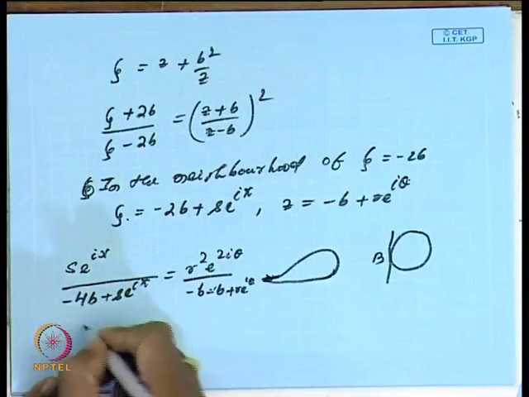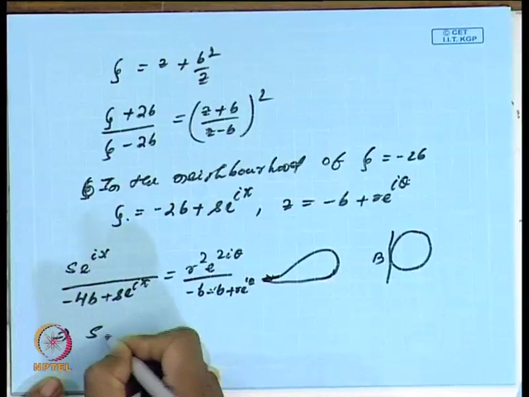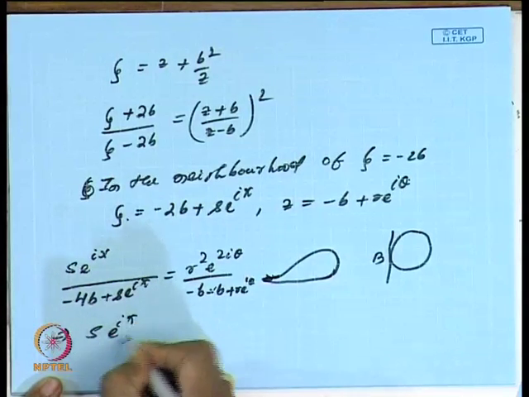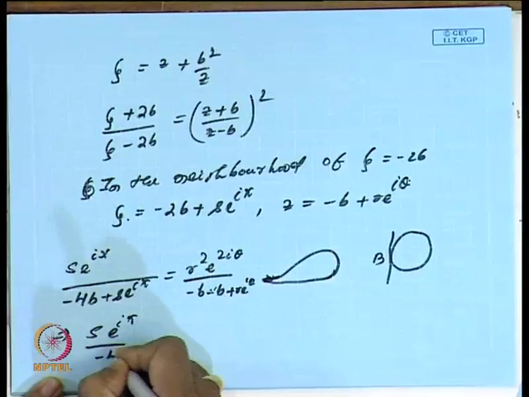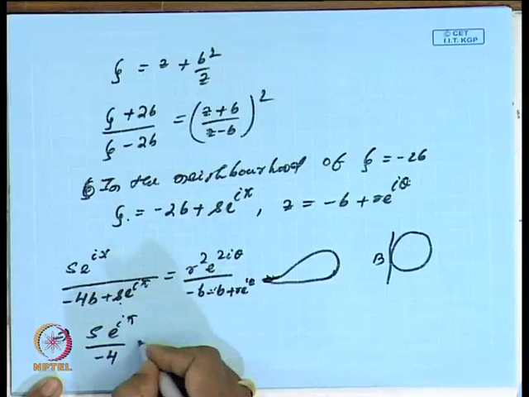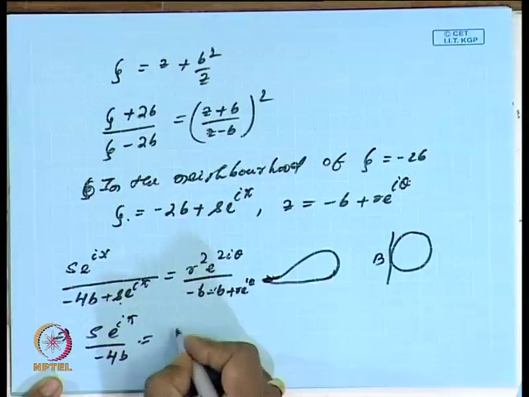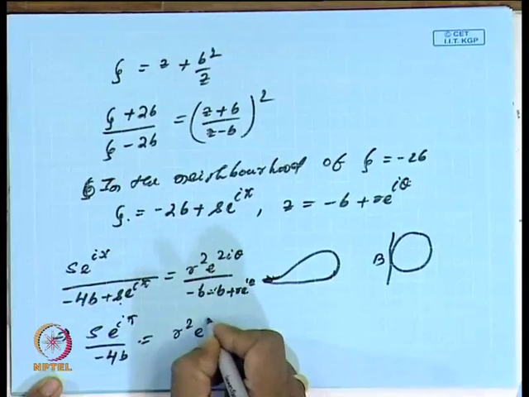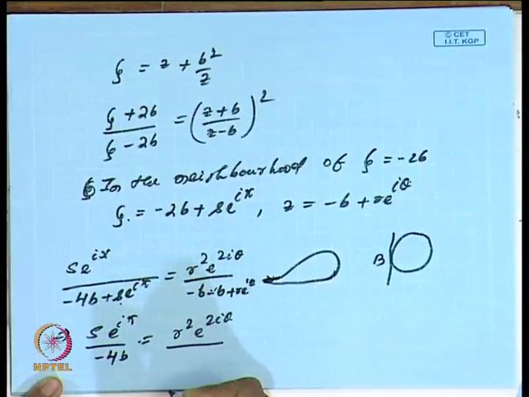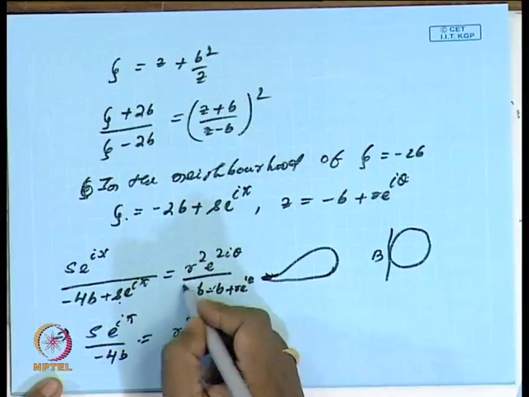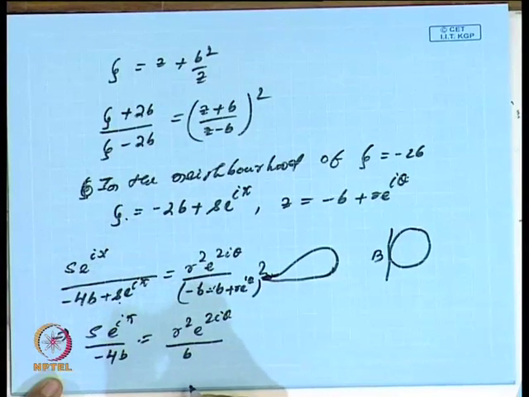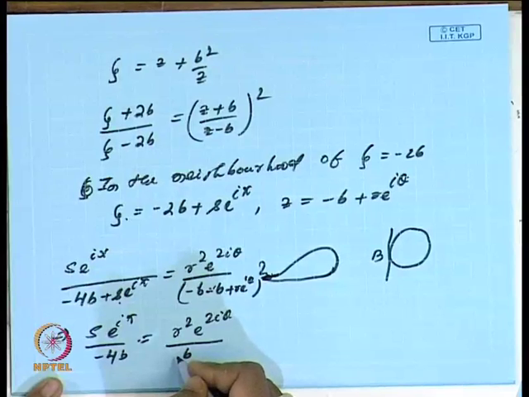Now, since r and s are small, I can write it as s e to the power i chi by minus 4b, because this is a small quantity compared to this, so this can be neglected. It will be r square e to the power 2i theta by b, because this is square, so this will be by 4b square.